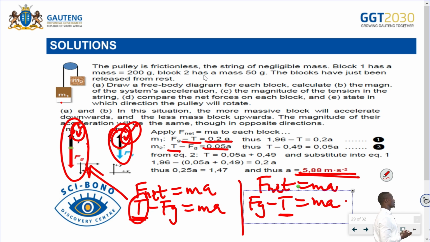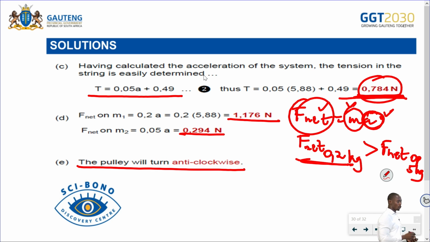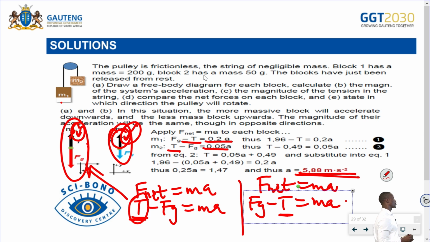Let's go back. We said the net force of the 0.2. Let's check which one is the 0.2. Block 1 is 0.2, right? Block 2 is 0.05, right? We are saying the net force of this will be greater than the net force acting on 0.05, right?